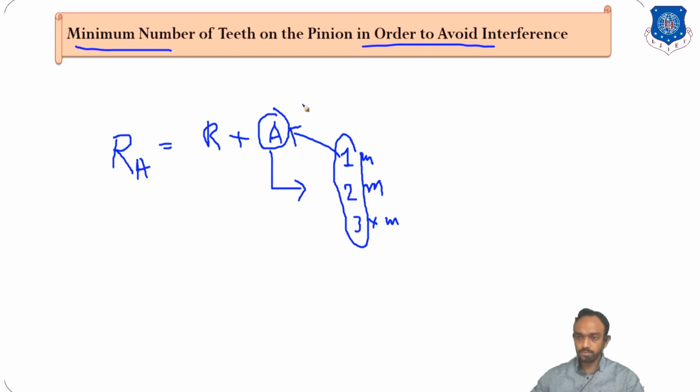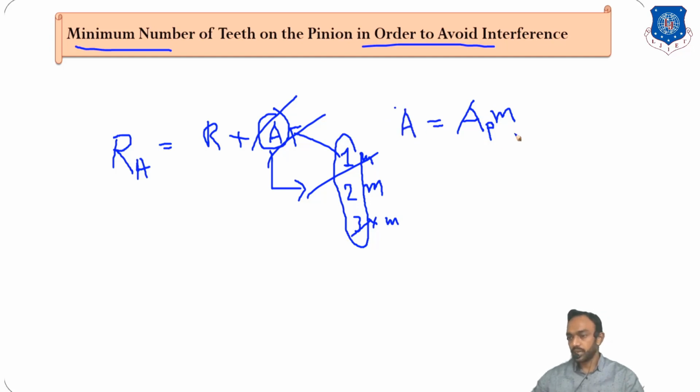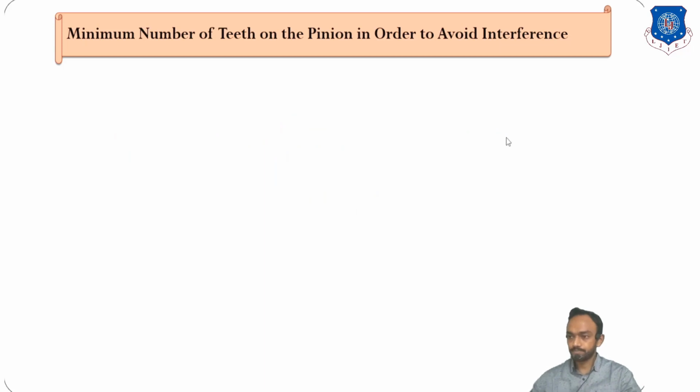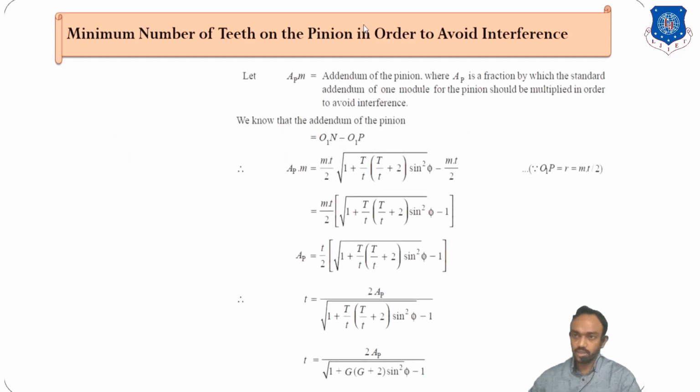So in case we have changed this method and we have added one constant AP, so addendum will always be in the form of AP into M. So addendum is equal to AP into M, where AP is a fraction by which the standard addendum of one module, means module is multiplied with this AP.